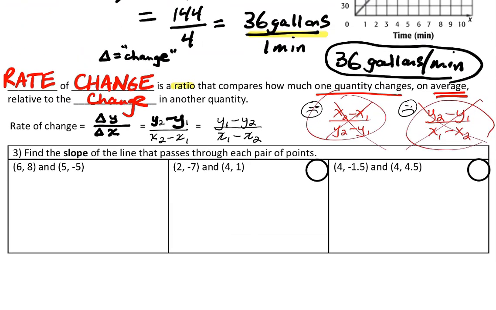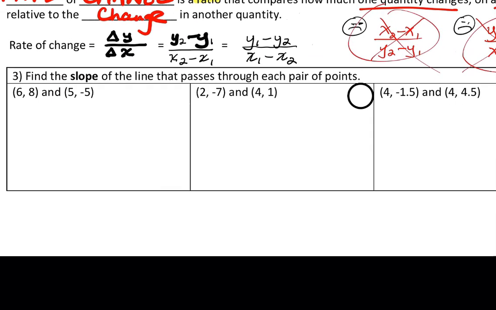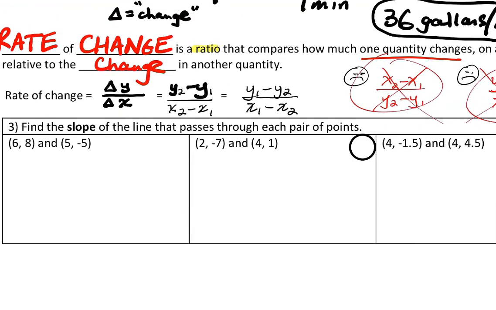And really what we've been doing with rate of change is the same as the slope of the line that passes through 2 points. So to find the slope, if you need to, you can always label these. This one's x1, y1, x2, y2. The letter that we use for slope is an m.